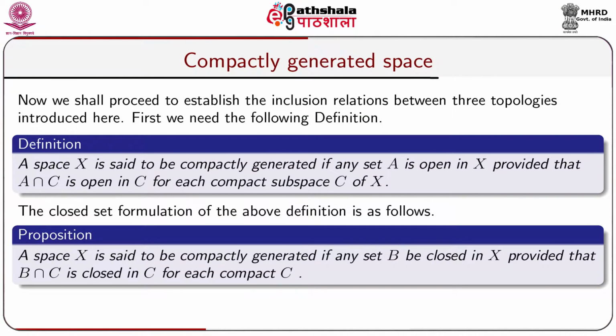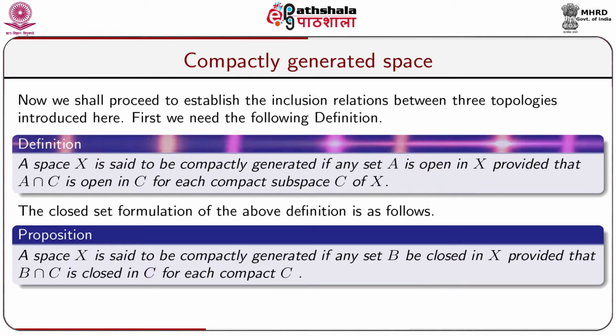Next, we shall proceed to establish the inclusion relations between the three topologies: the topology of pointwise convergence, the topology of compact convergence, and the compact open topology.